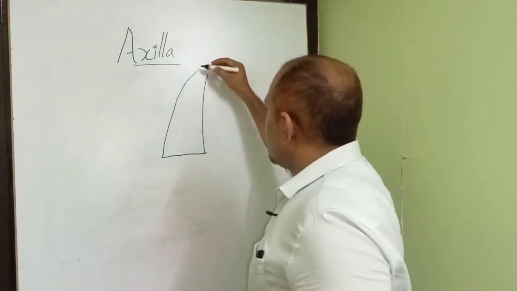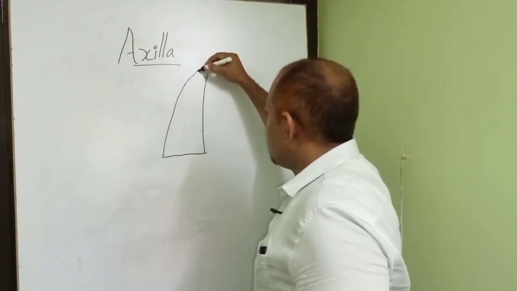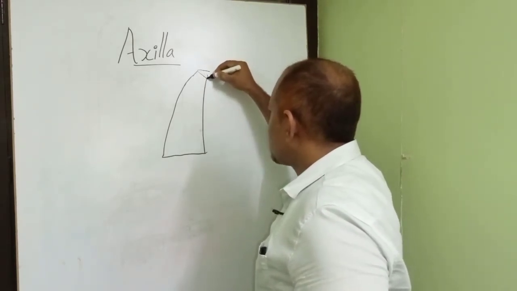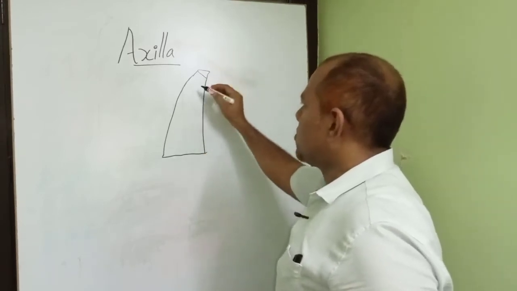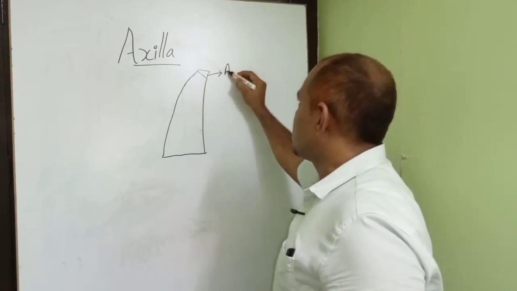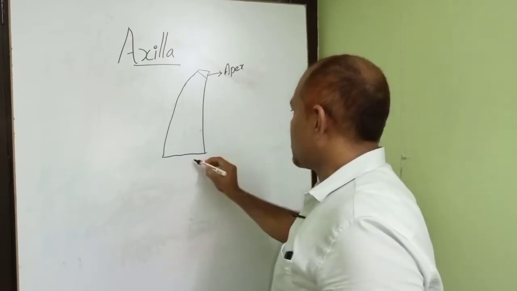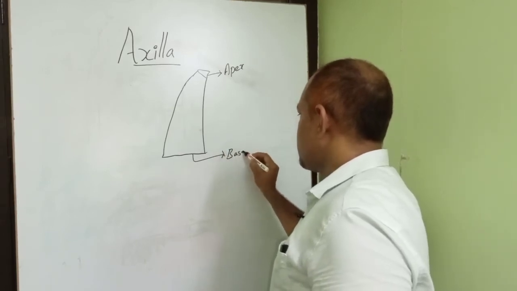Now here this is the apex. If you try to observe it, it is also triangular in shape. So here I have shown this is called the apex and this is the base.